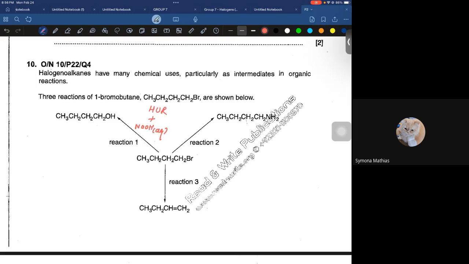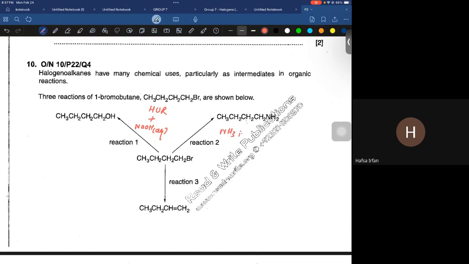Good. And what is reaction 2? Substitution with ammonia and ethanol.